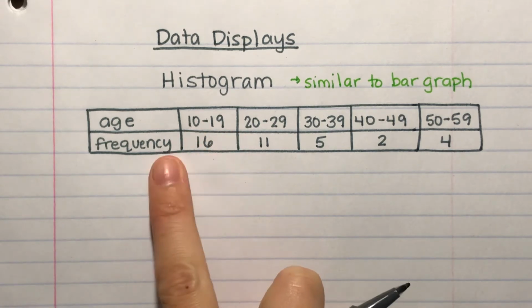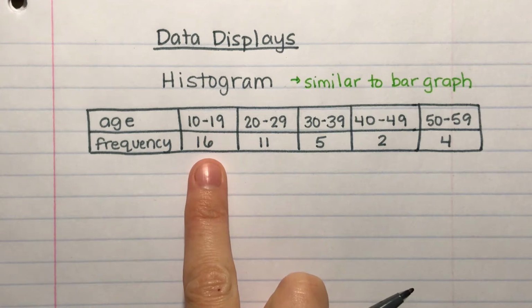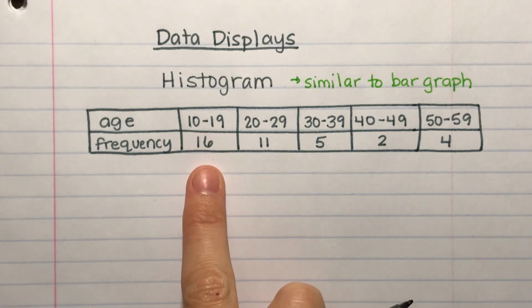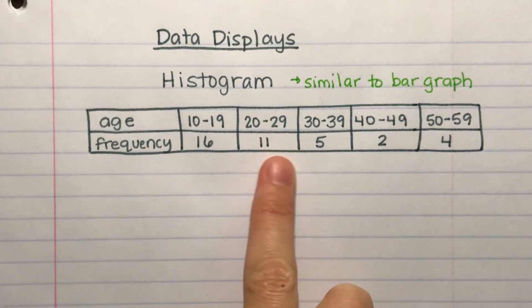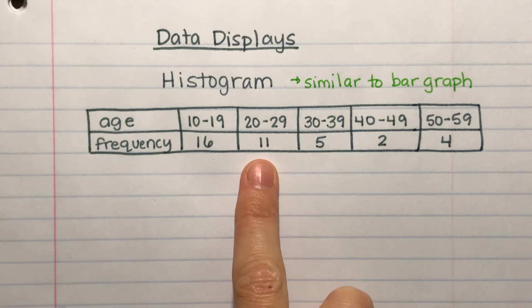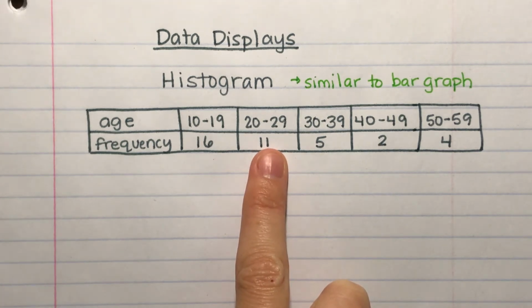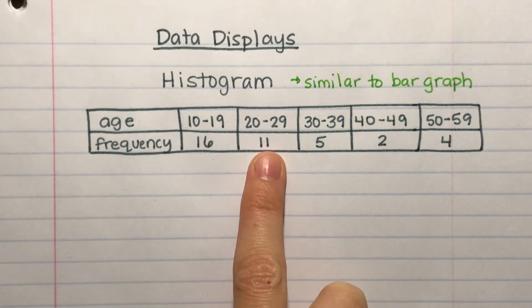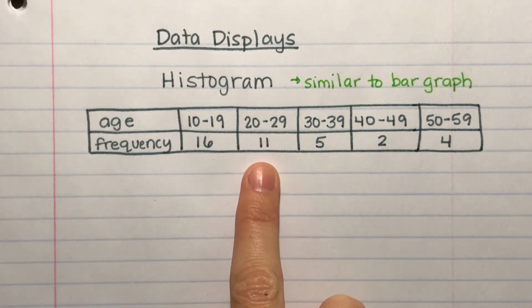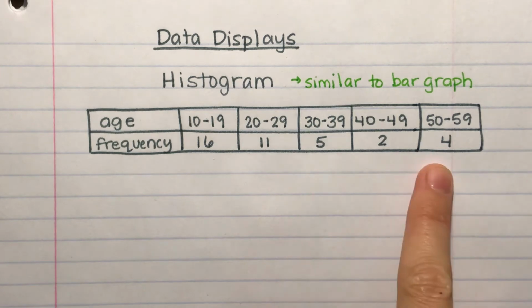Frequency means how many people fell into that category, like how many people answered that they were 10 to 19 years of age. Same with here, 11 people said that they were between 20 and 29. So frequency means how many people.